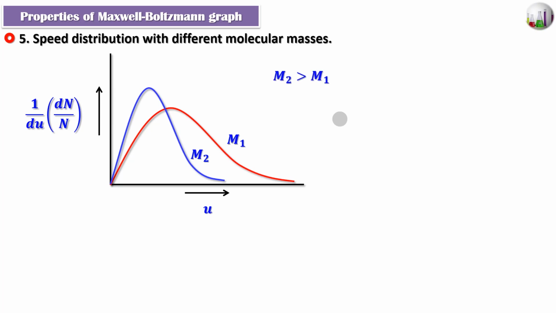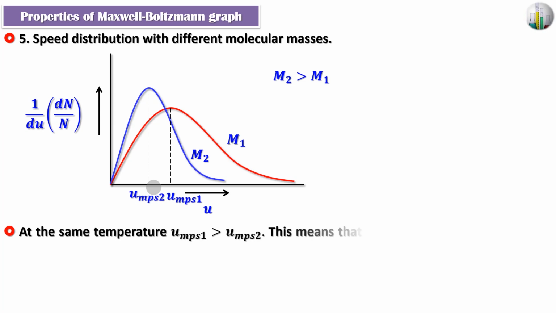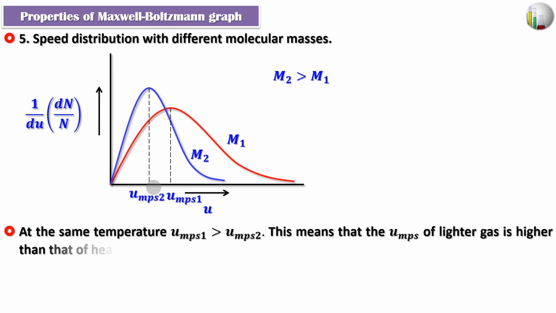So the lower molecular mass has a higher UMPS than the one with the higher mass. Because they are at the same temperature, they will have the same kinetic energy. The one with the greater mass is going to have lesser speed, lesser velocity. So at the same temperature, UMPS is greater for the lower molecular weight, for the lighter gas. And the effects of M and T are opposite.